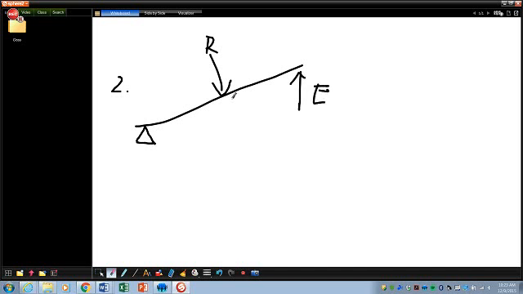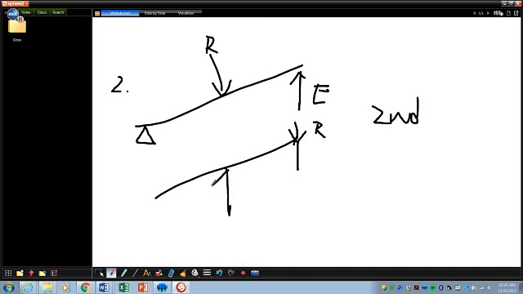Class 2 basically says that when you have a lever and the tipping point, the fulcrum, is at the end, if your resistance is in the middle and the effort at the end, that's the second class. The third class is just the opposite. This is actually the R, and this is the effort force.